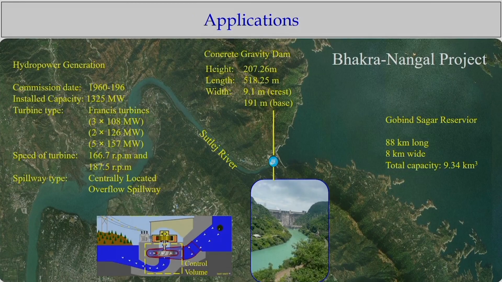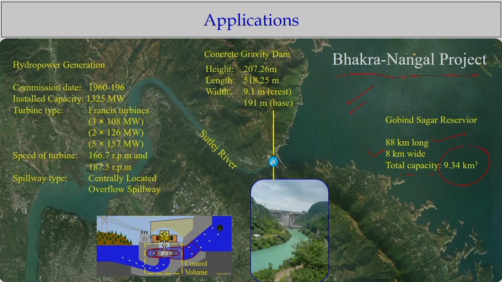Before going on, you may have heard of one of the largest hydro projects in our country, the Bhakra-Nangal project. The Bhakra-Nangal project has a reservoir about 88 kilometers long and 8 kilometers wide, with a total water storage capacity of about 9.34 cubic kilometers. That is a huge amount of water, as you can see in this Google Earth imagery.